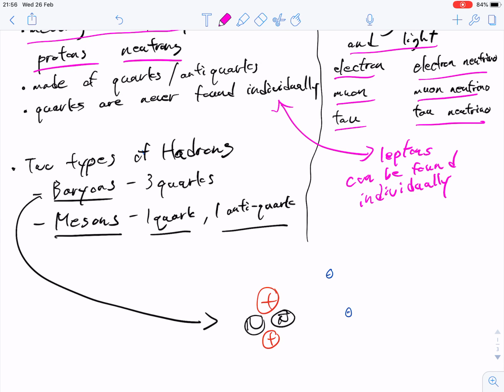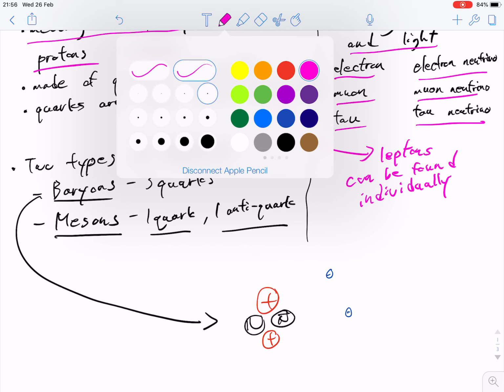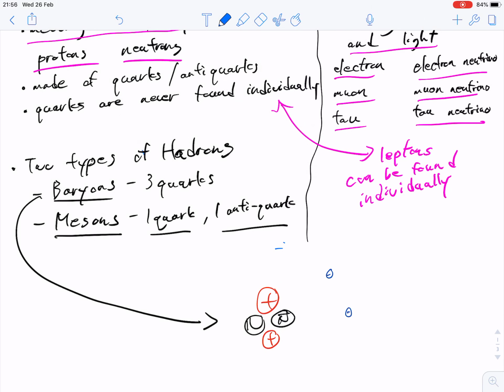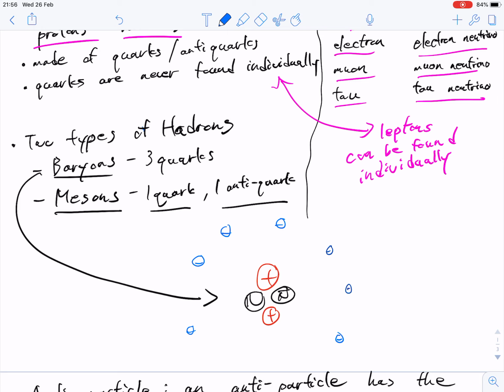Okay, hadrons. If we go with our atomic structure model, we have the electrons on the outside and the proton and the neutron in the center. We already know that the neutron and the proton are much, much larger than the electrons, so it's no surprise that they are made up of further subatomic particles known as quarks.